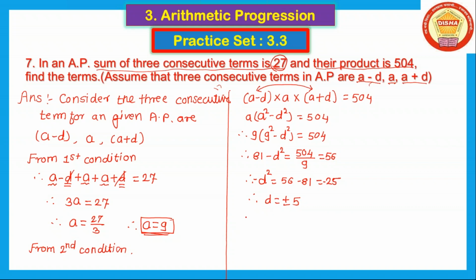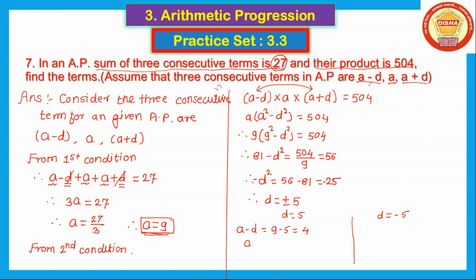Then we find the terms by taking D is equal to 5 and D is equal to negative 5. What is the first term? The first term is A minus D, which is equal to 9 minus 5, which is equal to 4.